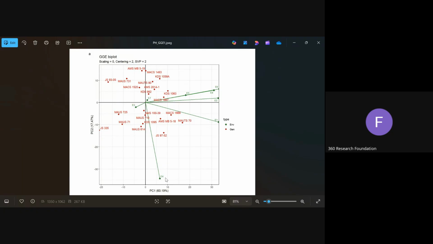What is the meaning of that? If any particular environment is represented by a long vector, what will you interpret? The difference between the environments.